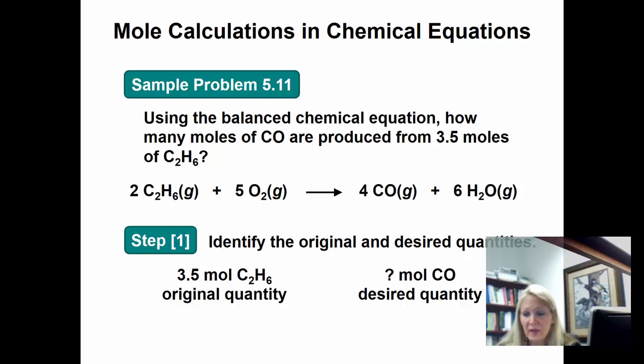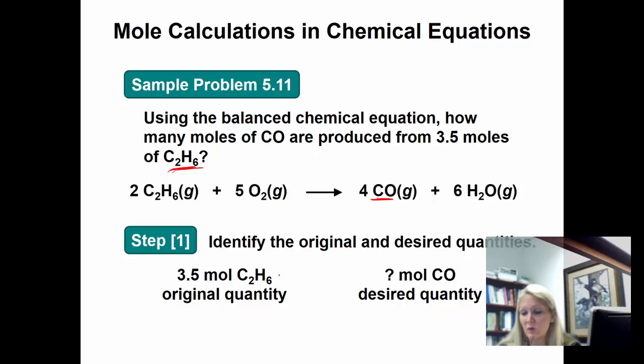So we always look at the problem. We want to know how many moles of CO are produced from 3.5 moles of C2H6. As always, write out what you're given: 3.5 moles C2H6.